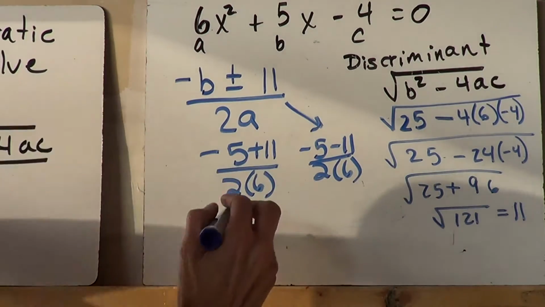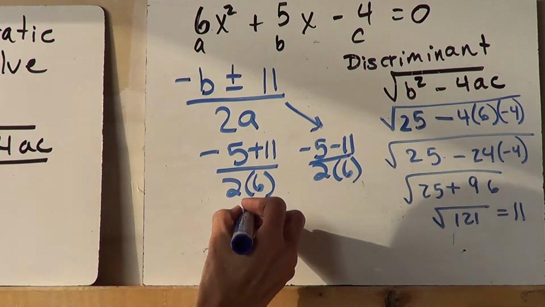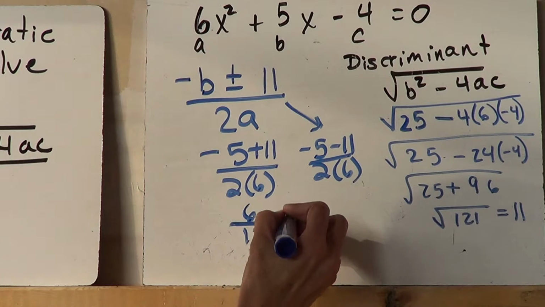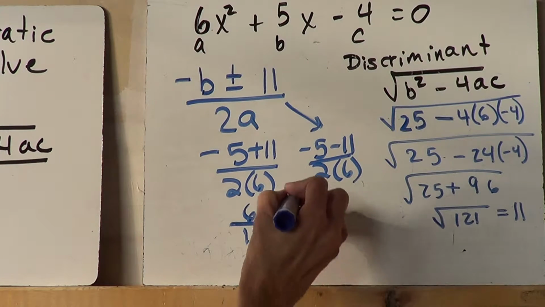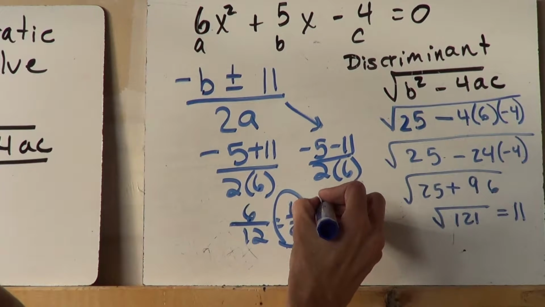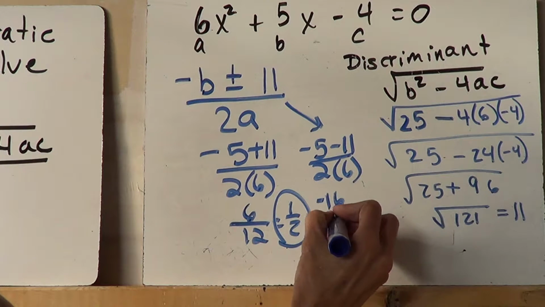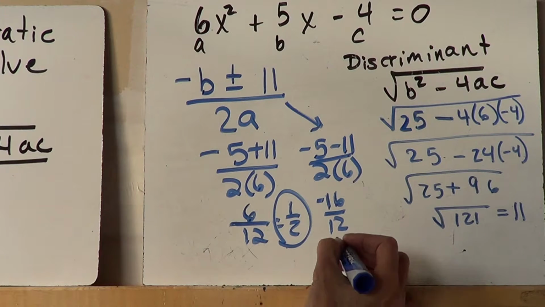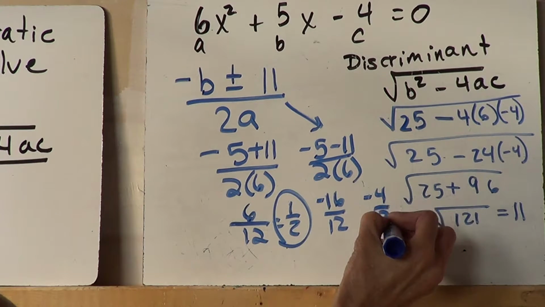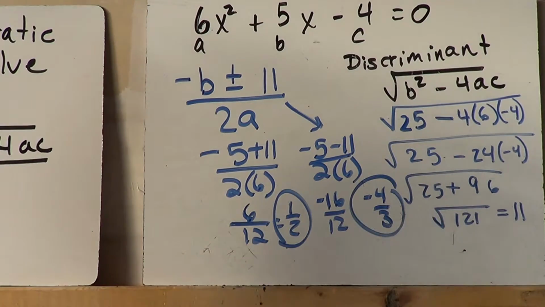Negative 5 plus 11 would be 6 over 12, which equals 1/2. Negative 5 minus 11 is negative 16 over 12, which can reduce, 4 will go into both, negative 4/3. So those are my two solutions.